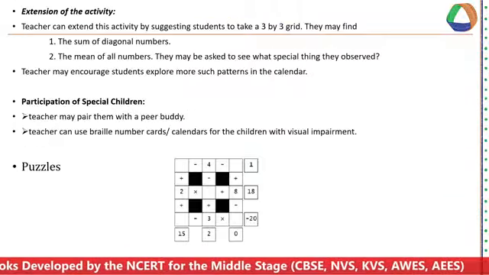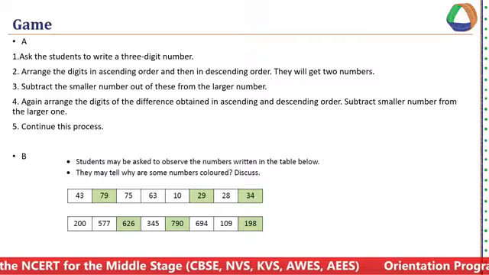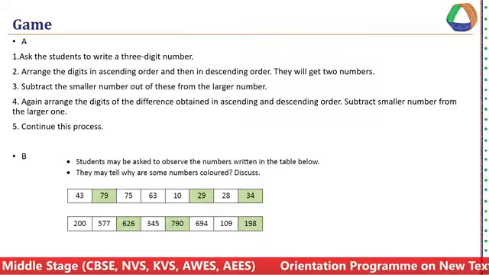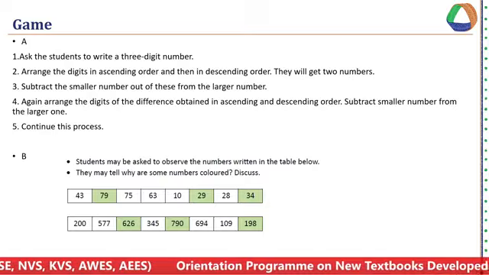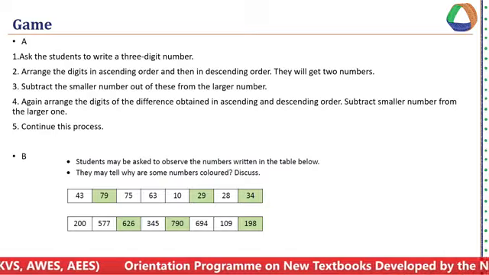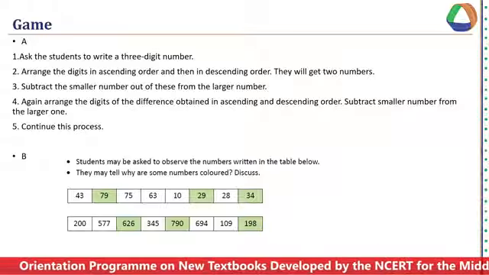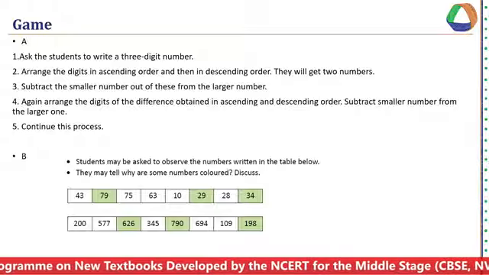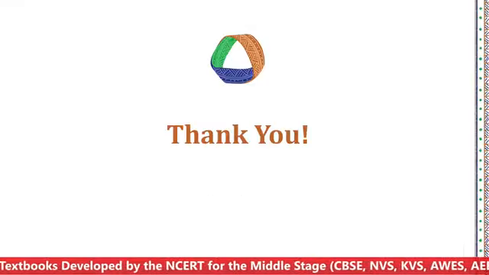Then the puzzles are there. They have to fill up these puzzles. You can ask them to do that. And then this is something they have read in class 6 also: why some of these boxes are colored and what is the significance of that. Initially you need to discuss it, and that requires observation and calculation, that is, the placement of these numbers here. This particular thing is important if the students do that.